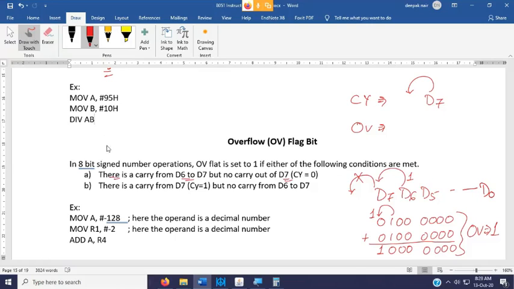Second condition, there is a carry from d7 but no carry from d6 to d7. So just change this number. Second condition we can check like this.